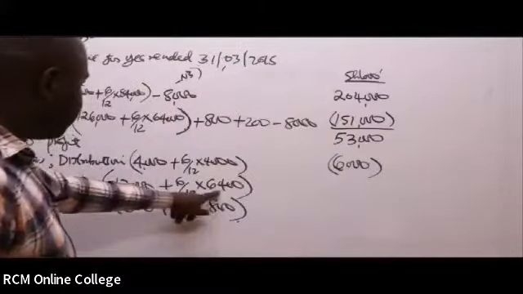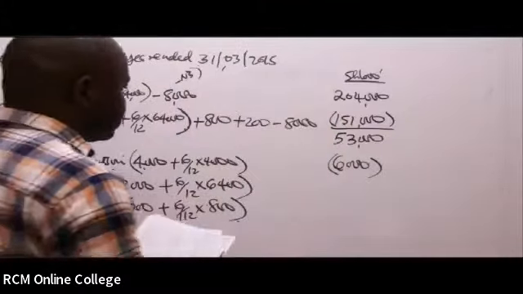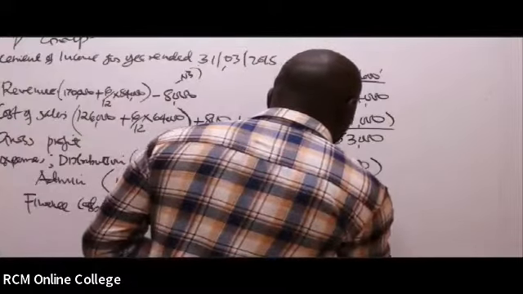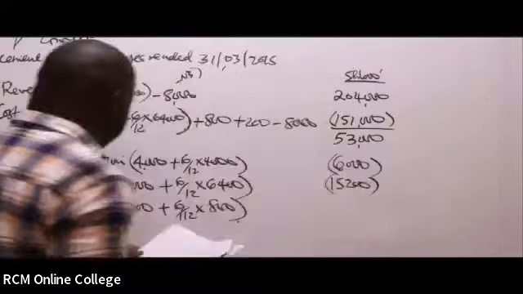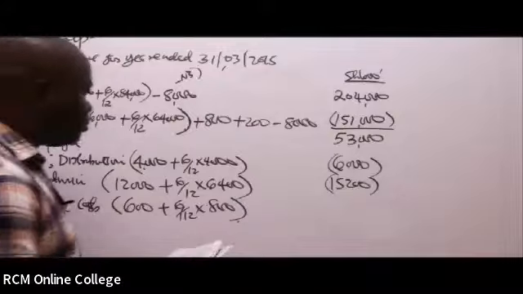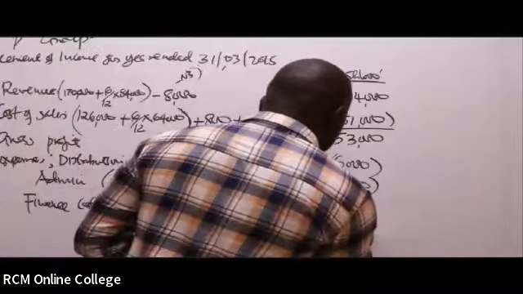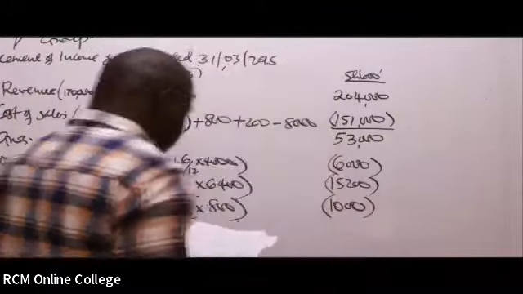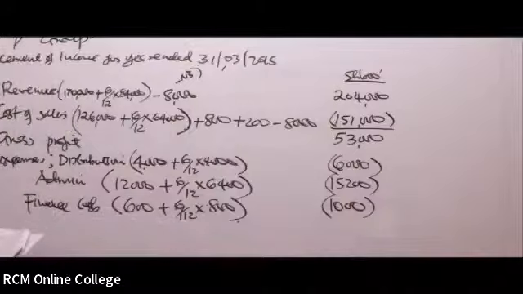This one is 15,200. This one is 600 plus 400, which is 1 million.